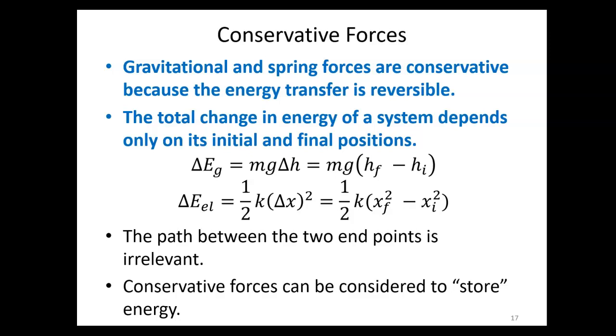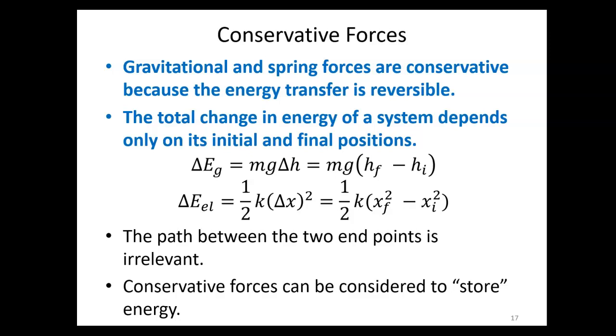When you have a gravitational force, for example an object that is at a high height, you can get that energy back because as it falls, all of the gravitational energy will transfer into other storage modes of energy. So the energy can move in and out of EG or EEL.